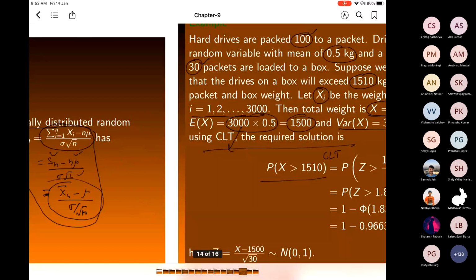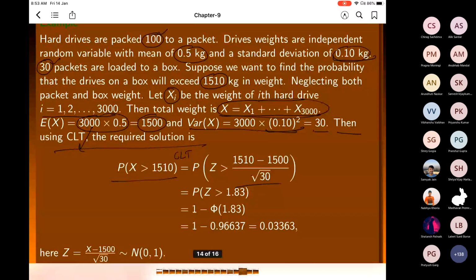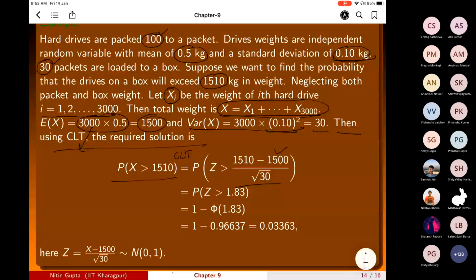Sn is this value, and n mu means the expected value of x in this case, and the square root of variance, square root of 30, because all the quantities we have taken in this format. Therefore, z is greater than 1.83, and this is standard normal. Z is standard normal, and 1 minus capital phi of 1.83, and this is the answer.